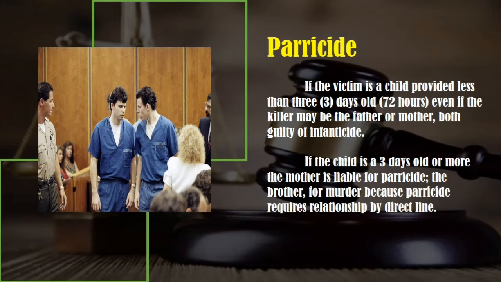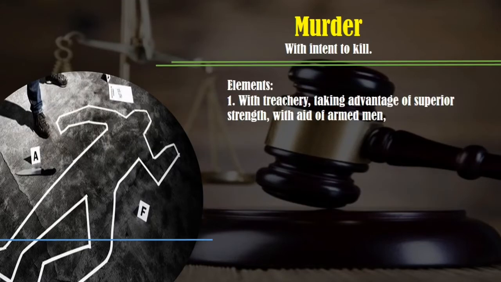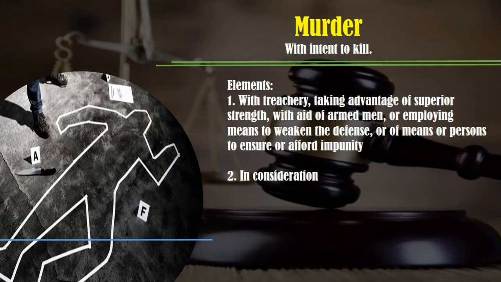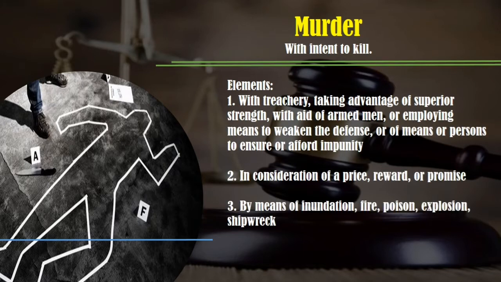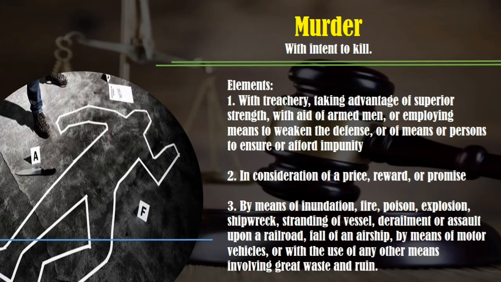The next crime we have is murder. This is if there is the intent to kill. So here are the elements of murder. One is with treachery, or taking advantage of superior strength, or with the aid of armed men, or employing means to weaken the defense, or of means or persons to ensure or afford impunity.